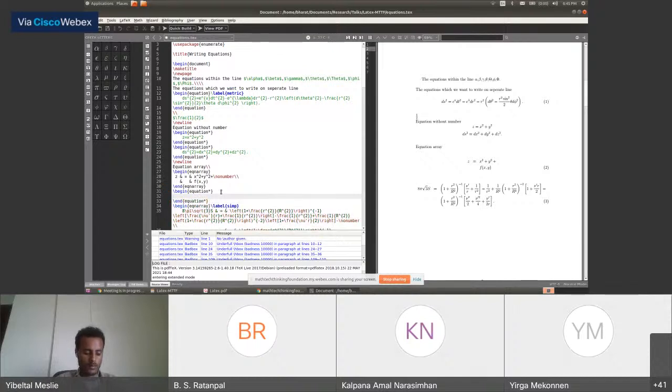I need the term 1 plus small r squared divided by capital R squared, raised to minus 1, so I write the bracket. Then 1 plus, in fraction form, \frac with two parts: the numerator r squared and the denominator capital R squared. Its power is minus 1. When I run this, what will happen?